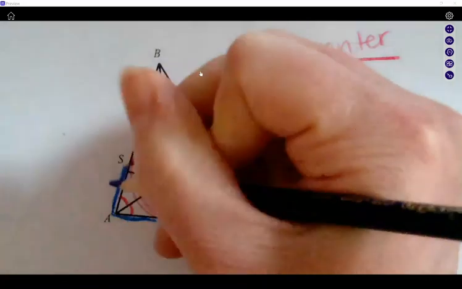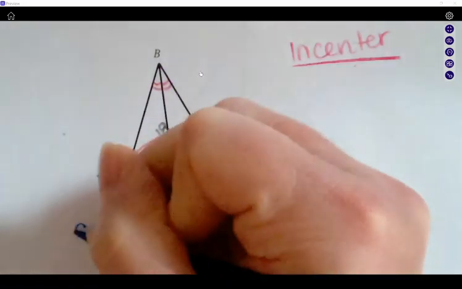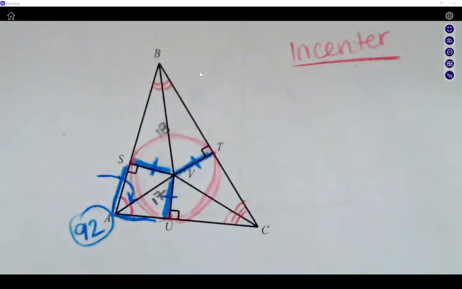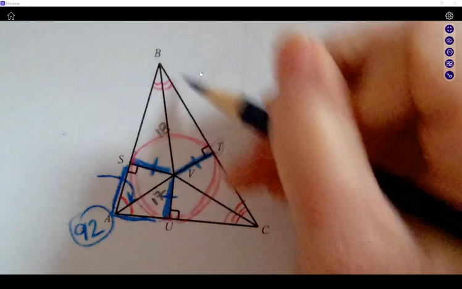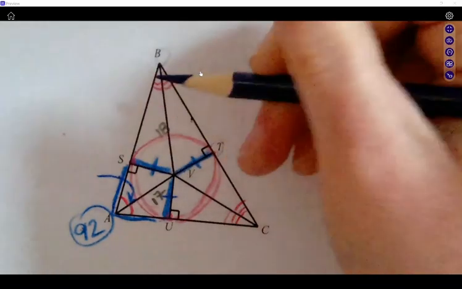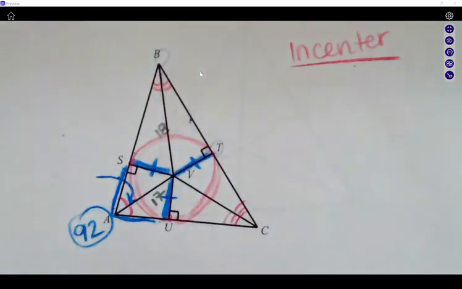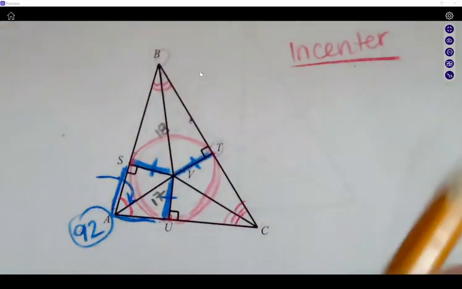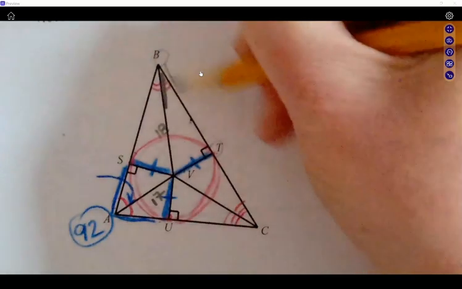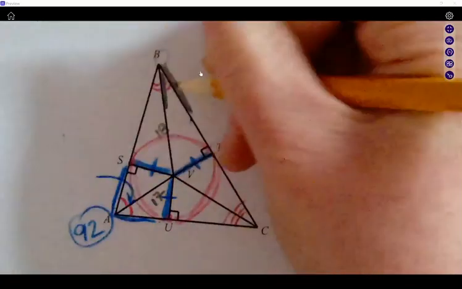I wish I didn't use blue, but I did. It's too late now. So this is 92. And then it also says that angle TBV, so here's T, here's B, here's V. So this angle here is 24.